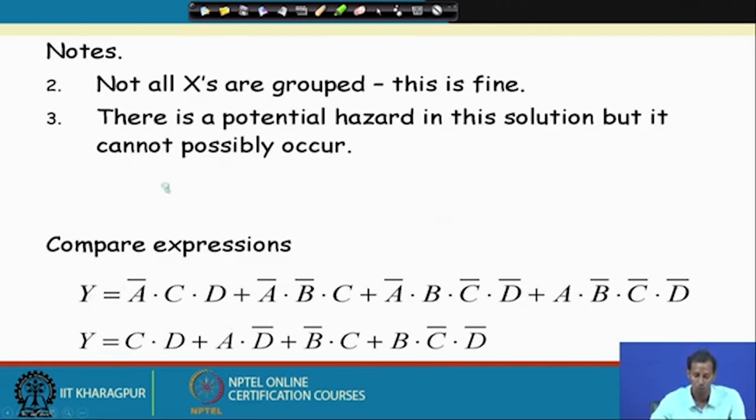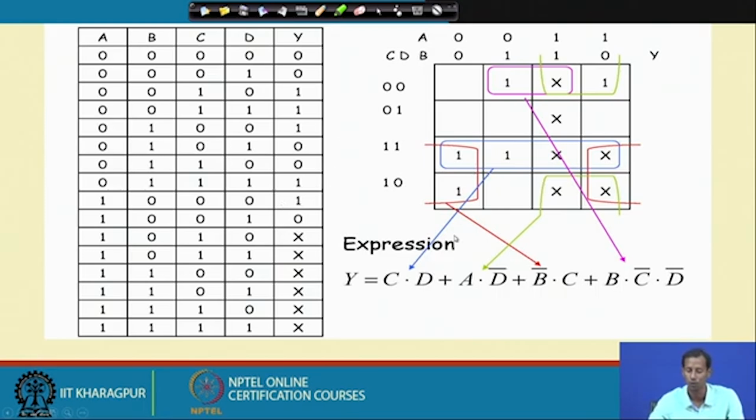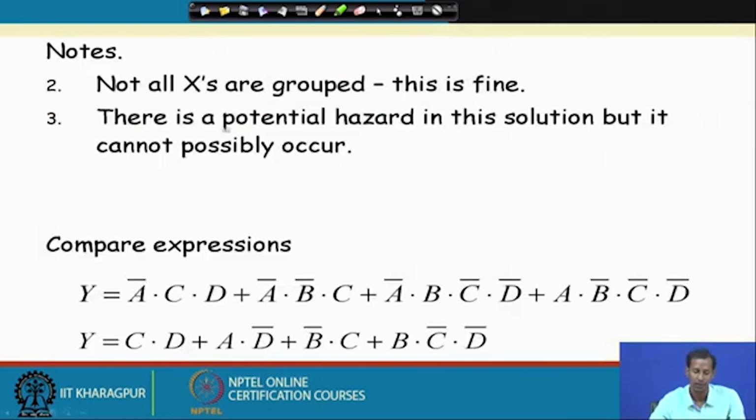To remove that, you group with the do not care, which means you put in some extra logic to remove those glitches. So, this is the end of hazard.